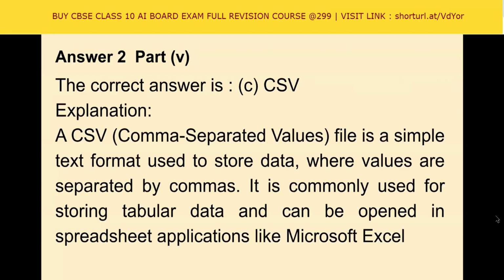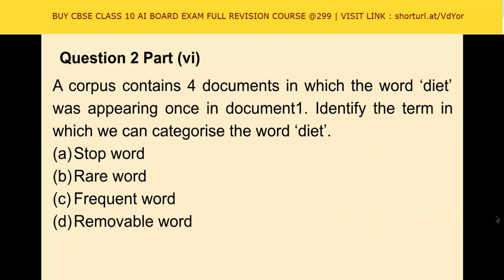The full form of CSV is comma separated values, and it is a very common, simple way of storing data. You can open this kind of file from Excel also.